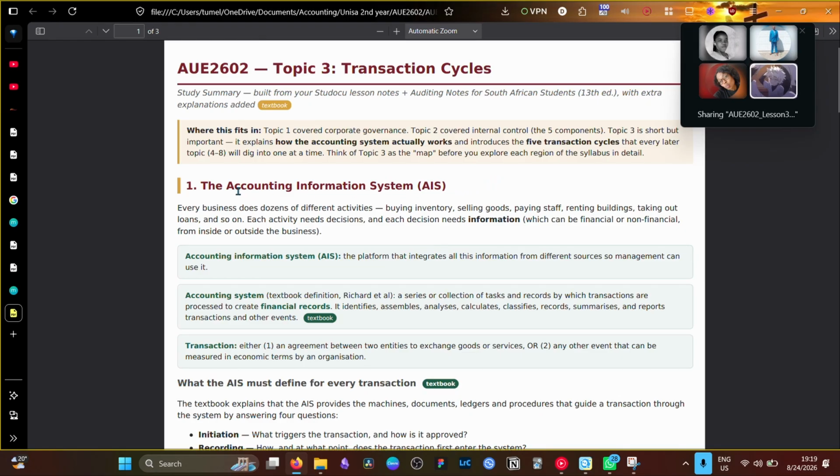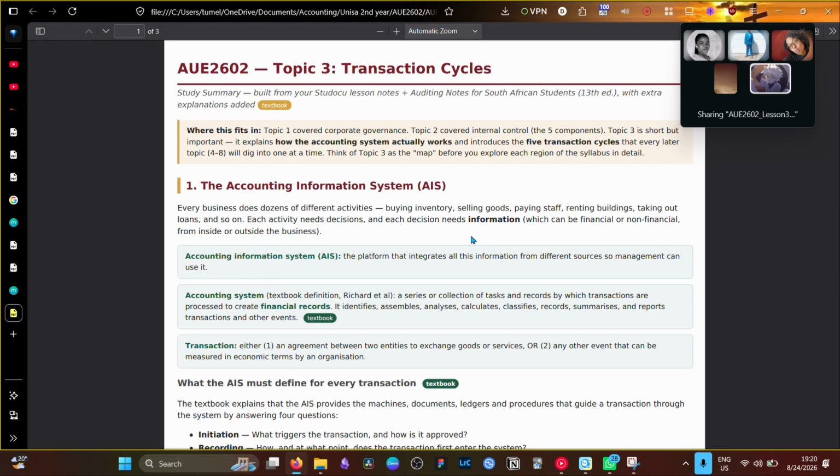So here we have the accounting information system. Every business does dozens of different activities: buying inventory, selling goods, paying staff, renting a building, taking out loans, and so on.